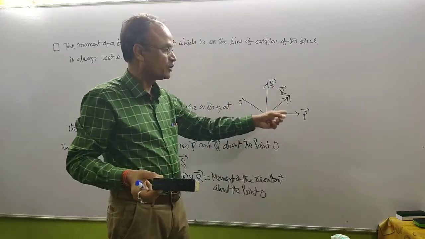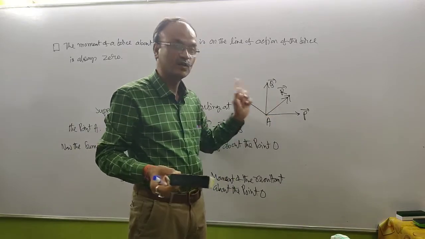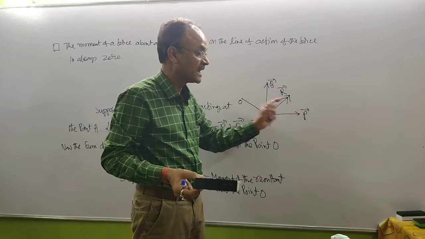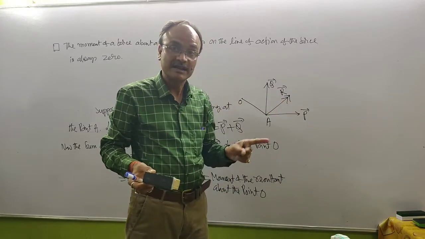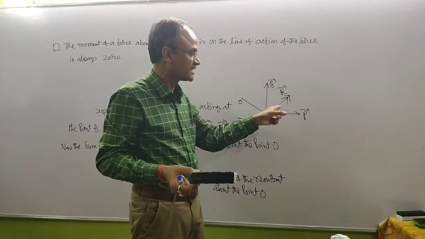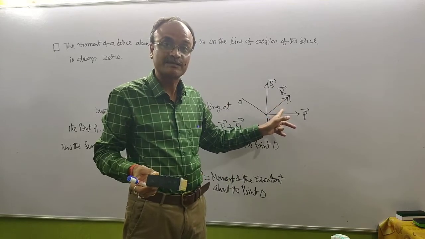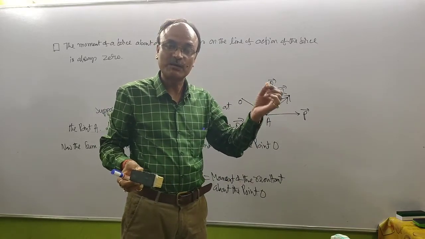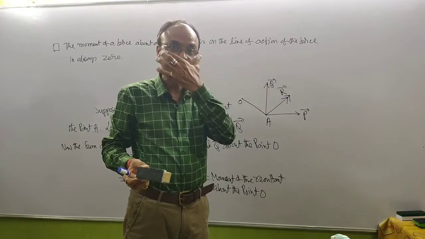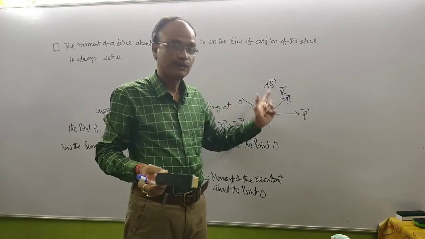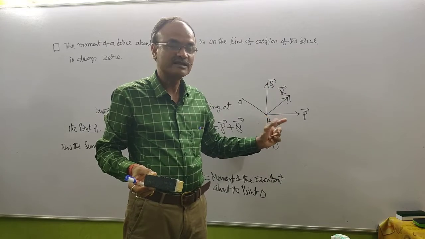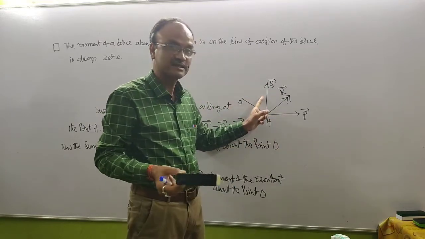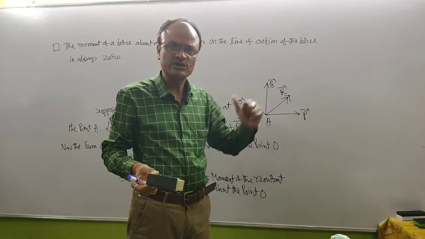The algebraic sum of the moments of the forces P and Q about a point is equal to the moment of their resultant about the point, but the point lies on the line of action of the resultant. This means that the moment of their resultant about that point will be equal to 0 by Varignon's theorem on moments. Therefore, you can conclude that the algebraic sum of the moments of the forces will also be 0.